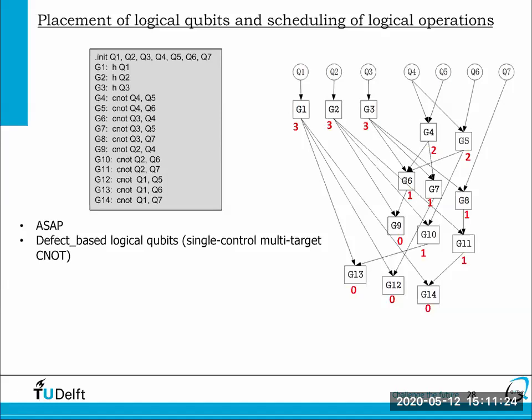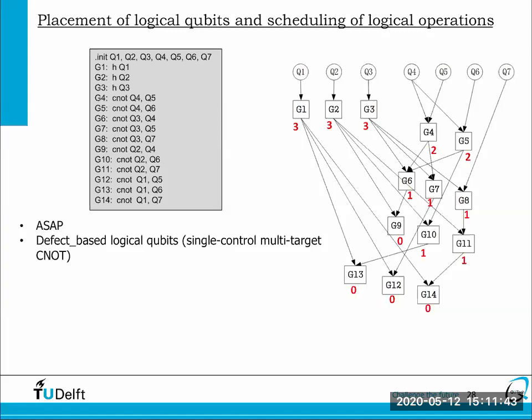This is theoretically, because of course physically you have to make sure that you can find a path for going around different holes, and that there is no collision with other movements or change of the distance of the code.